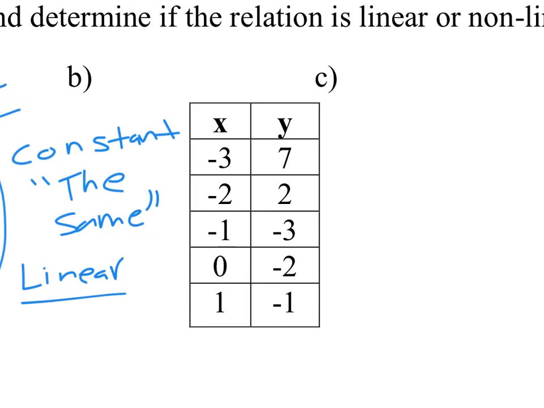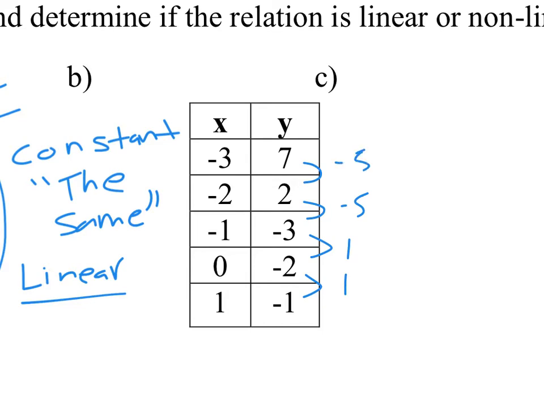Now let's look at another example. We subtract from the bottom up, again doing the same process. Negative 1 minus negative 2. Be careful, the signs are kind of weird here. Then negative 2 minus negative 3. Then negative 3 minus 2. Then 2 minus 7.